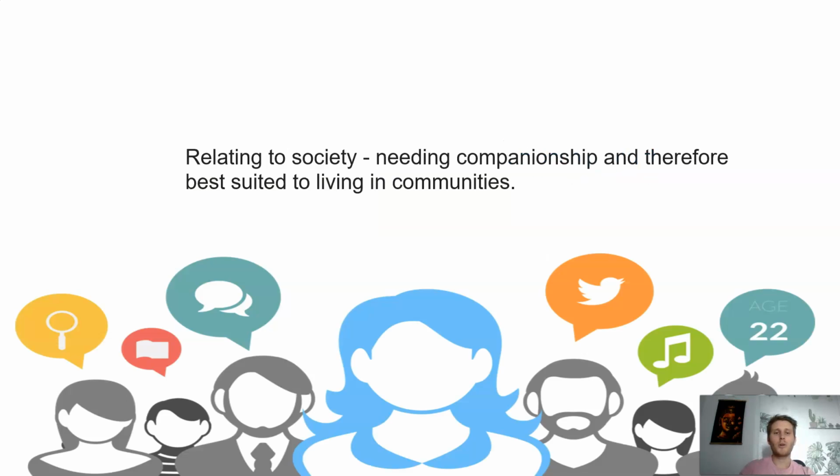The following word relates to society, needing companionship, and therefore best suited to live in communities. Social. When we are social, it means we are interacting with the people that are like us. We have the same objectives, and those types of people form communities. You can picture yourself at school.